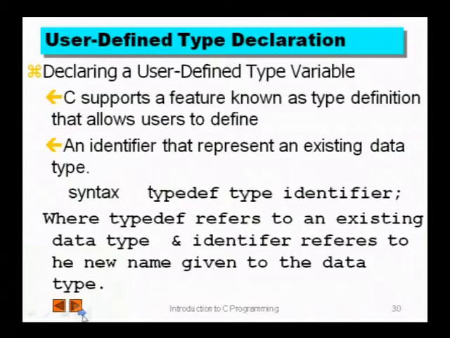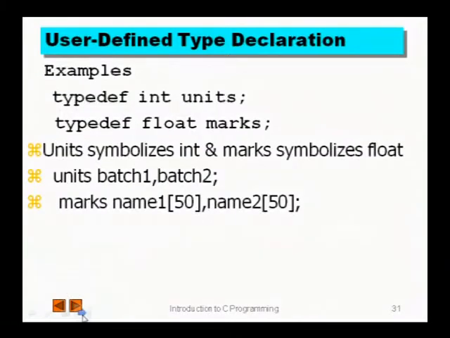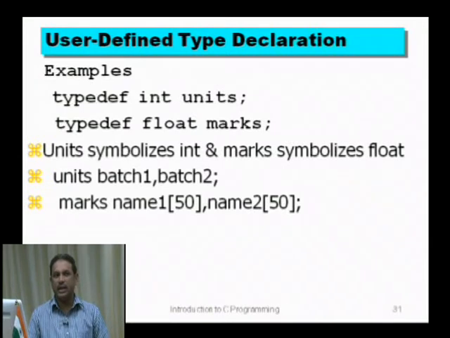Like you want to have marks as integer: typedef becomes integer and the identifier becomes marks. We can see the example here. typedef is a keyword, we need to declare that. typedef int units and typedef float marks.